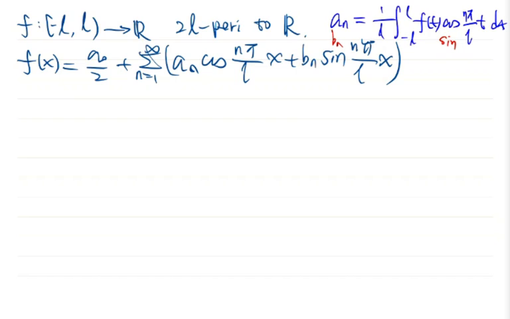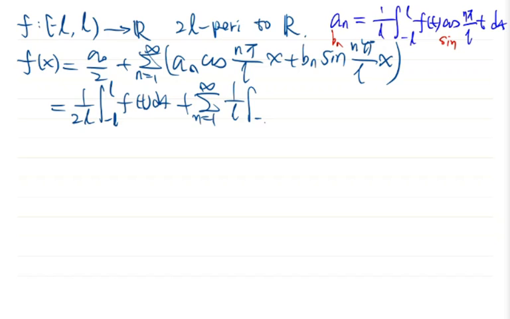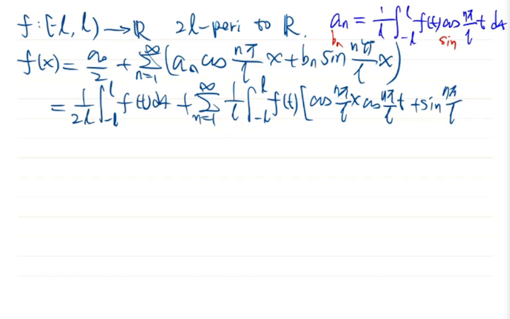Substituting these formulas for an and bn into this Fourier expansion, we see that this equals 1 over 2L times the integral from minus L to L of f(t) dt plus the sum of 1 over L times the integral from minus L to L. Substituting the an and bn expressions, we write the common f(t) separately, then cosine n pi x over L cosine n pi t over L plus sine n pi x over L sine n pi t over L, dt.